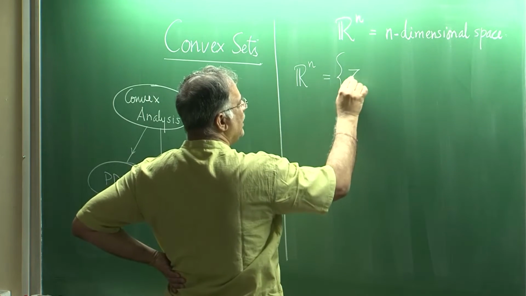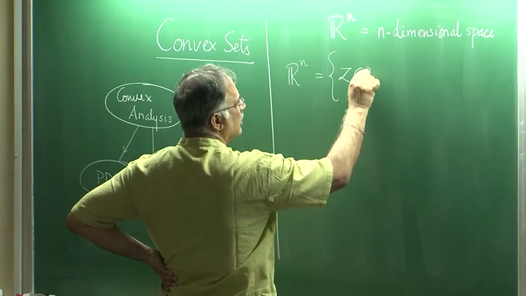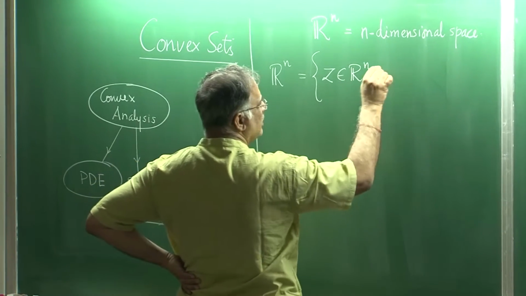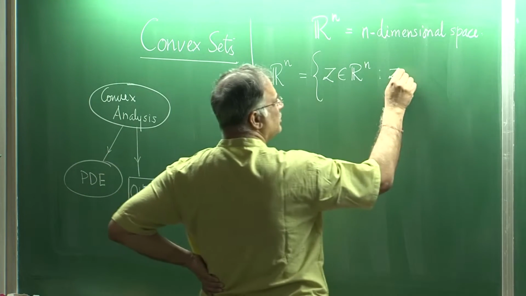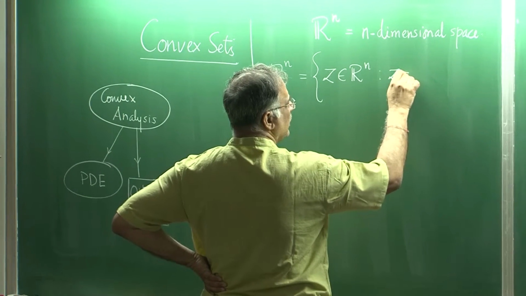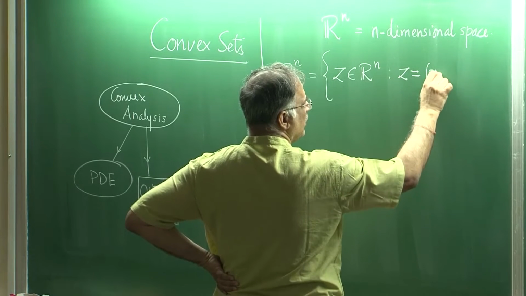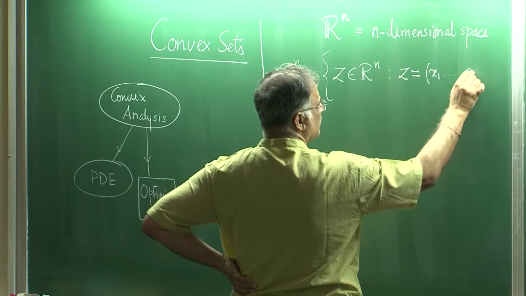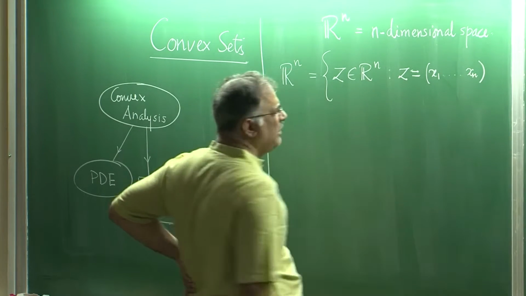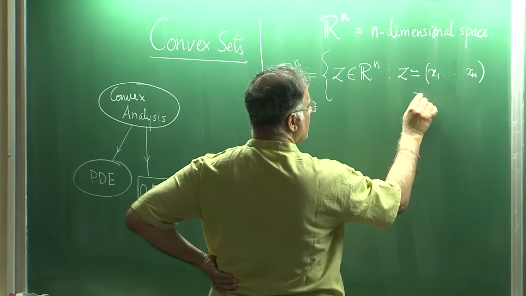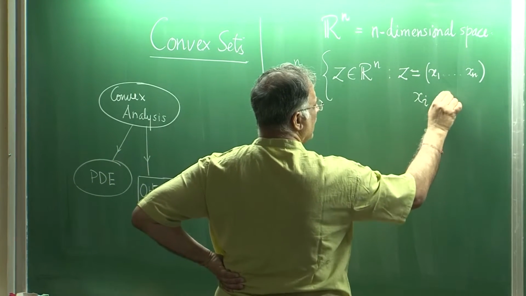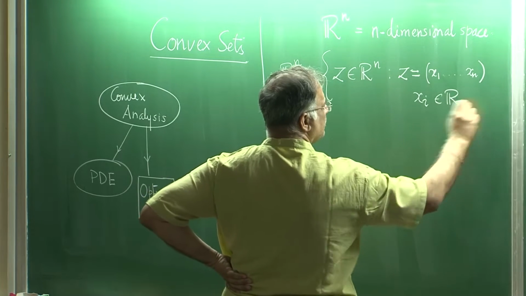So, if you have z in Rn, then z is a vector actually, given by n real numbers depicting this point, and each of these numbers xi is an element of the real number set.